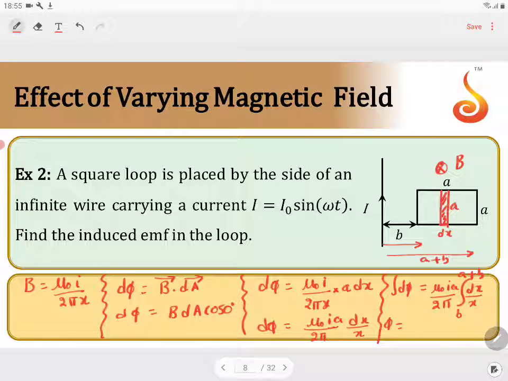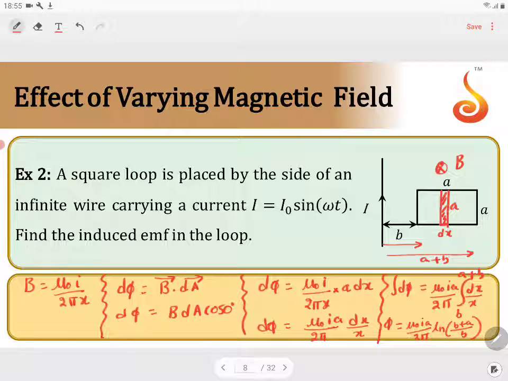Here the integral of dx by x is ln x, and the limits are b to a plus b. So we will get mu naught I a by 2 pi ln of b plus a divided by b. This is the flux you get.